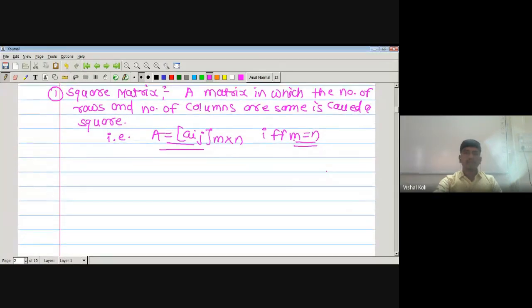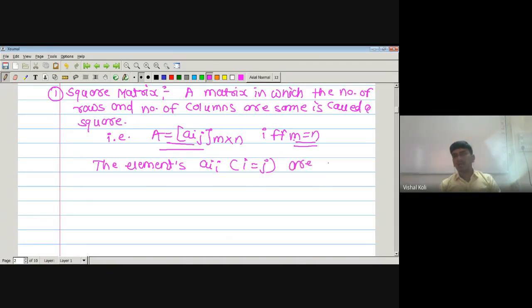And if m is equal to n, then there exist elements with i equal to j, such that the elements are nothing but aii.